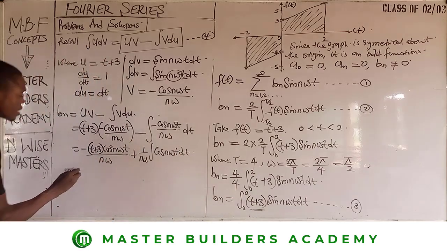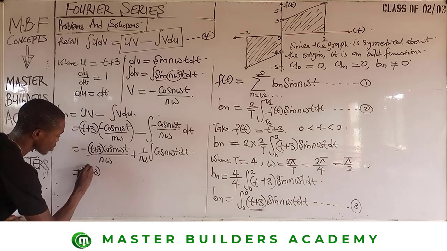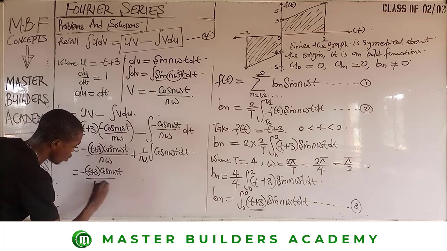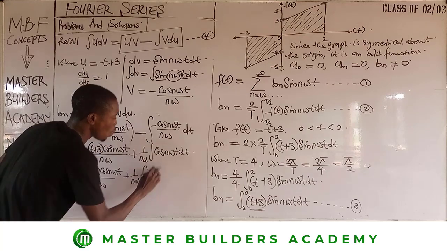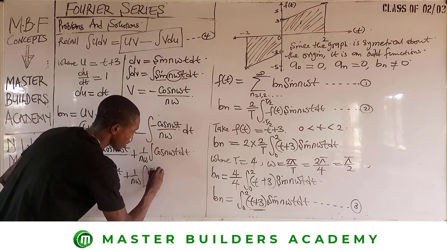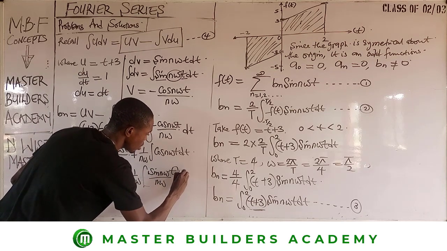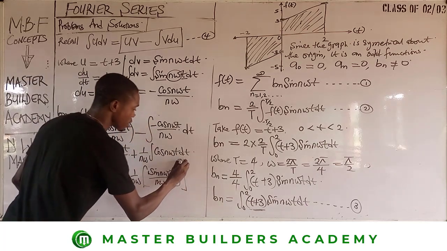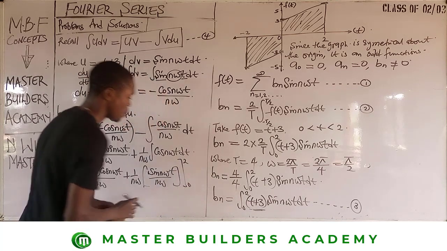So when we do the final integration, we will have negative (t plus 3) cos n omega t over n omega, then plus 1 over n omega. When we integrate cos, we have a positive sign, so we now have sine n omega t over n omega. Then we can put down our limits, which is 2 to 0. Now that we have successfully integrated the whole function, we put in our limits.